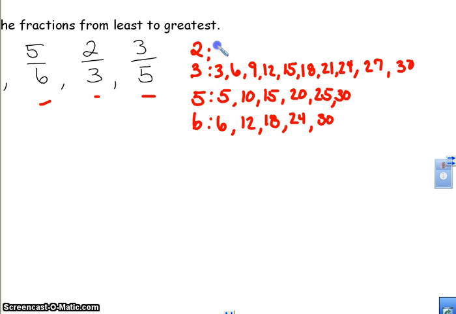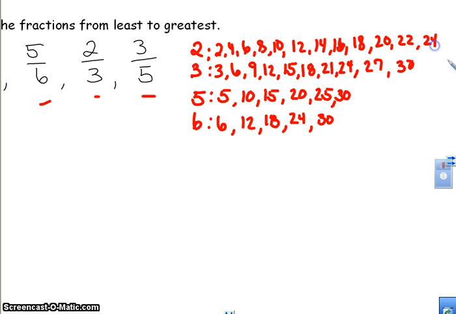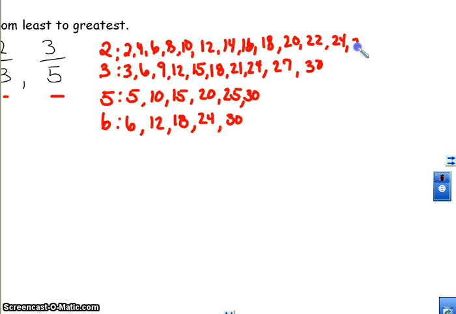Okay, for my 2, I have 2, 4, 6, 8, 10, 12, 14, 16, 18, 20, 22, 24, 26, 28, and 30.